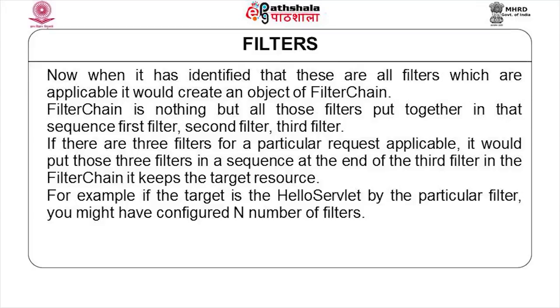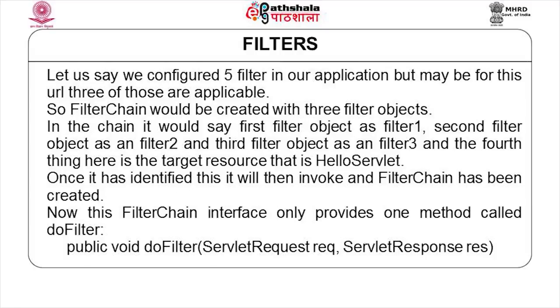So a filter chain would be created with 3 filter objects. In this chain, the first filter object is filter 1, the second is another filter, the third is another one, and the fourth thing we have here is the hello servlet, which is actually the targeted resource.